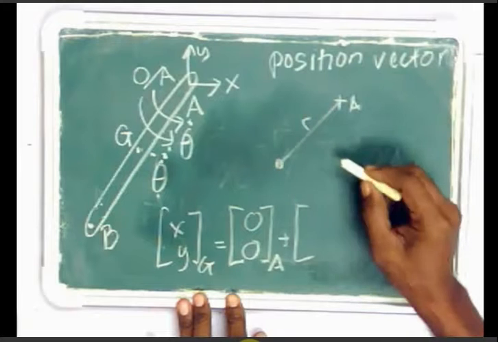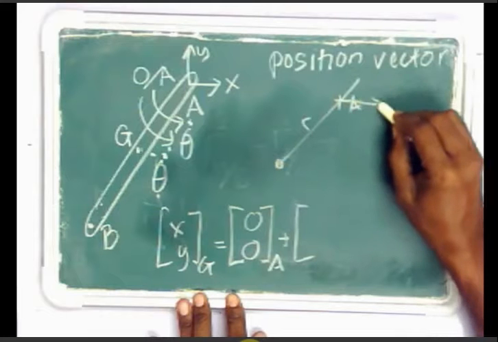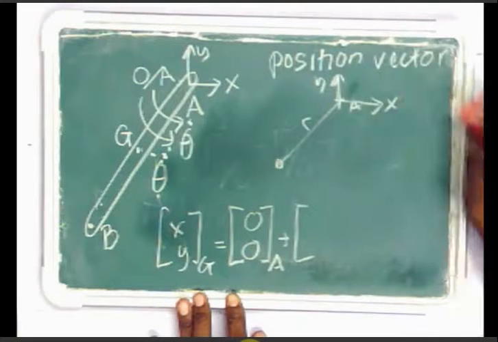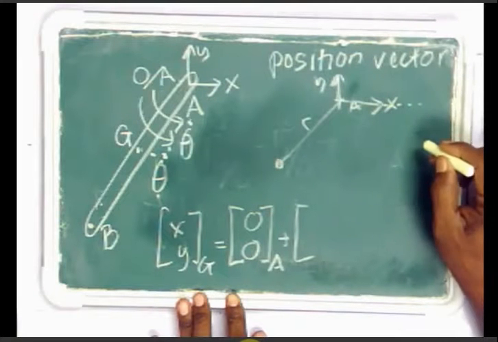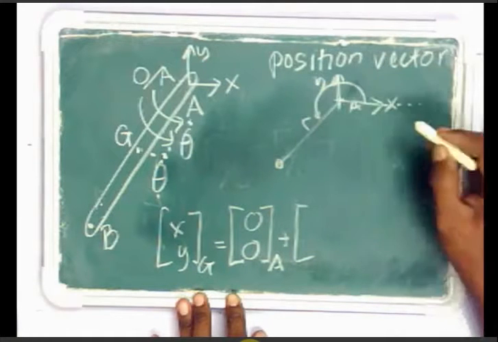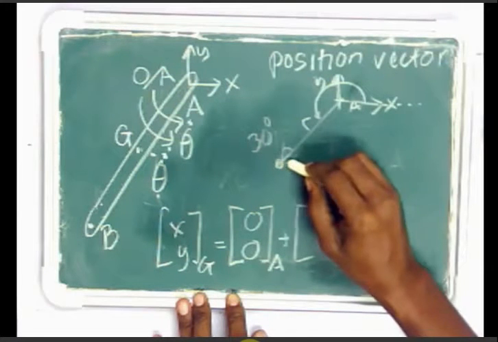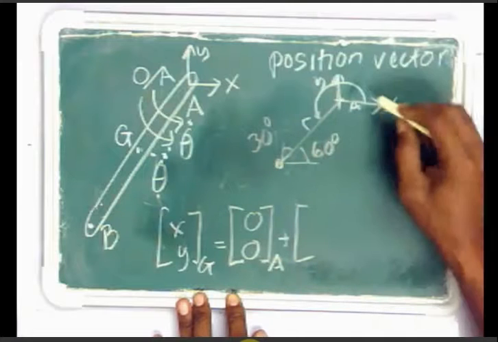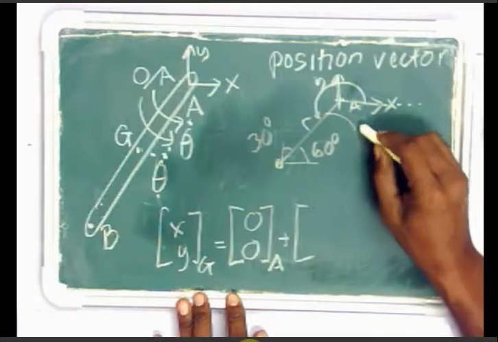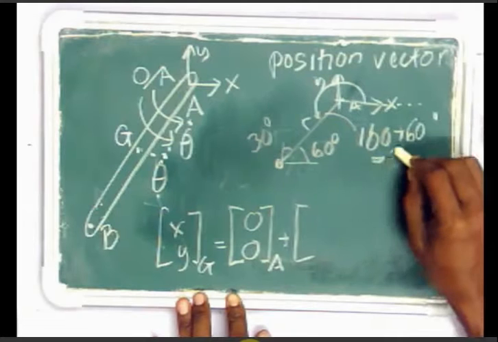And this one is R, and this is the X, this Y. If you are evaluating based on polar coordinate, the angle is measured from the horizontal line to that point, and since the angle here is 30°, and on this side is 60°, the angle that is made here will be 180 plus 60°, which equals 240°.